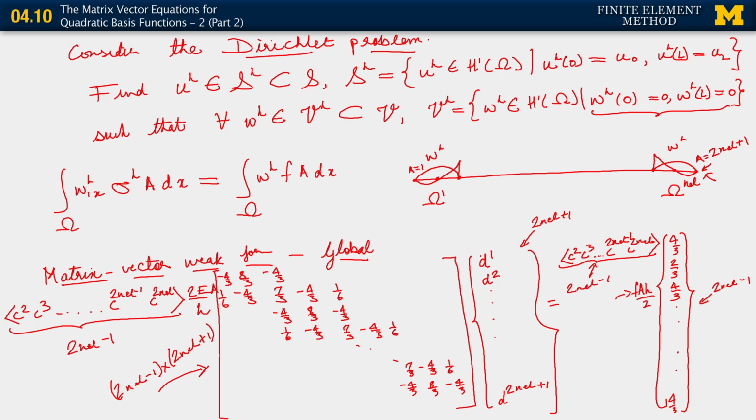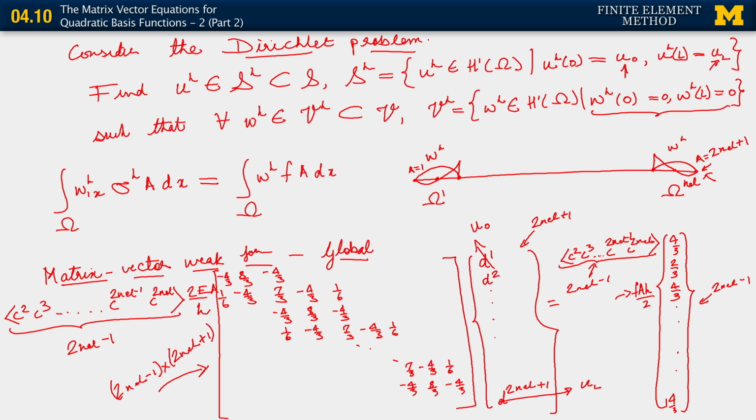In the D vector here, D1 is known, it is U0, this Dirichlet condition. This is also known, it is U sub L, that known Dirichlet condition. We will do what we did in the case of the Dirichlet-Neumann problem.